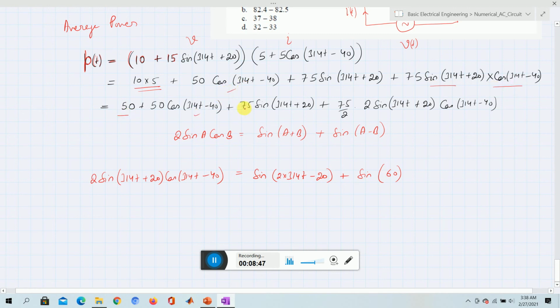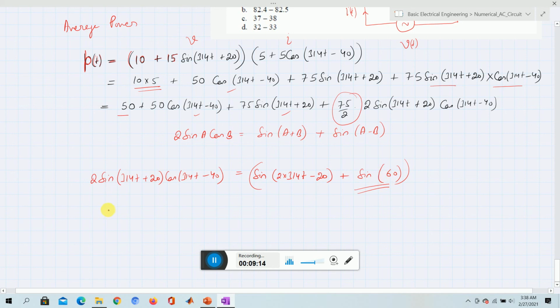This term is as it is, so this 75 by 2 let us say, and 2 sine A cos B, that is sine A plus B plus sine A minus B. So after putting this value we get again some term of sine, then plus sine of 60 degree. If I substitute these values over here, I get a term like 75 by 2 and sine 60 degree as common.